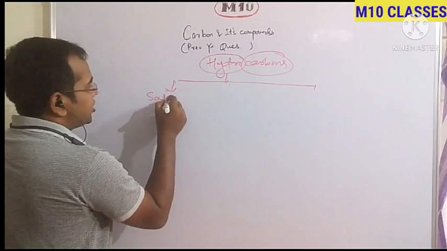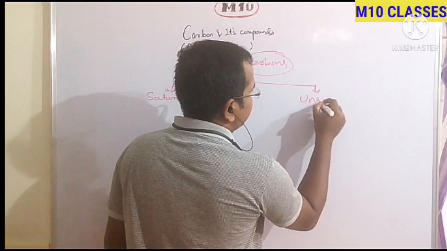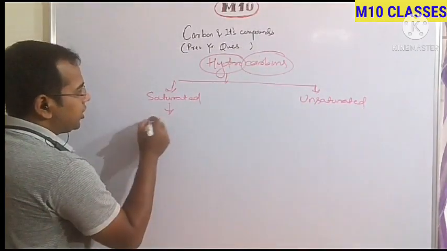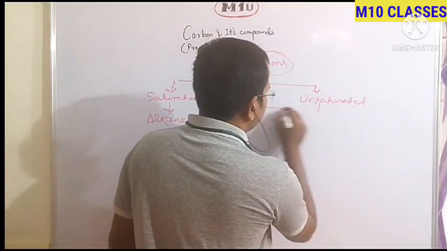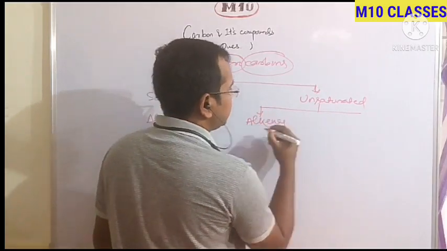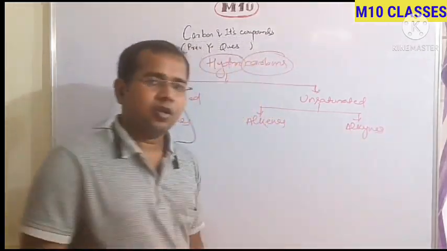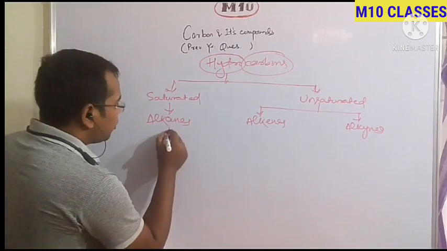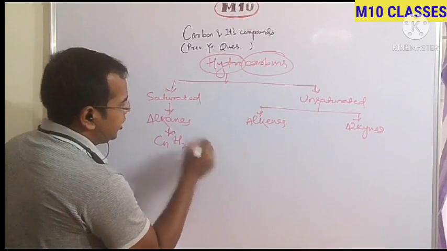Now these hydrocarbons are generally of two types. One is saturated and the other is unsaturated. Under saturated, you will get alkanes, and under unsaturated, you will get alkenes and alkynes. Alkanes are the saturated carbon compounds which have the general formula CnH2n plus 2.